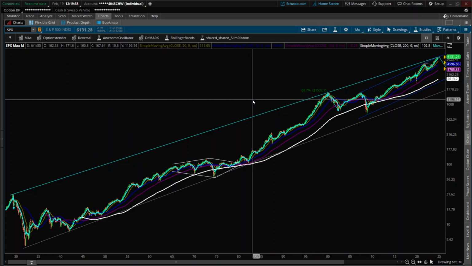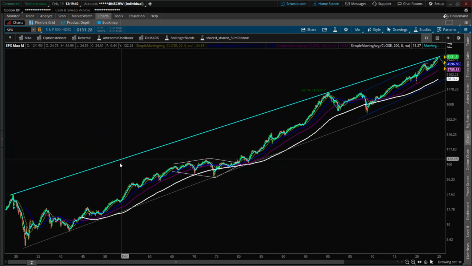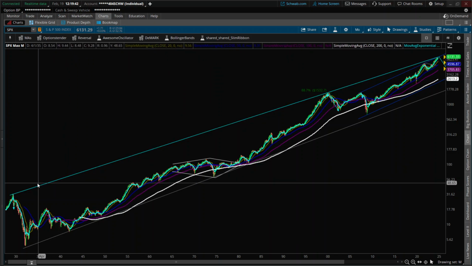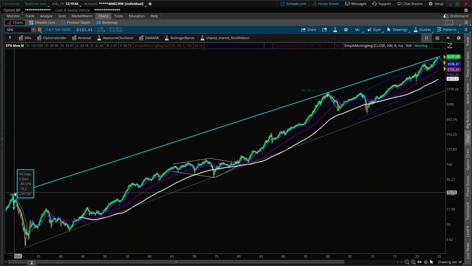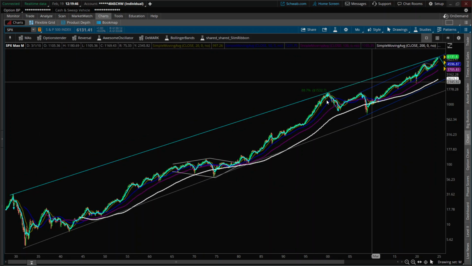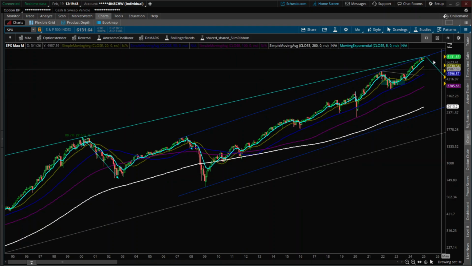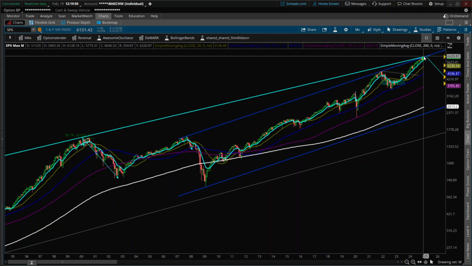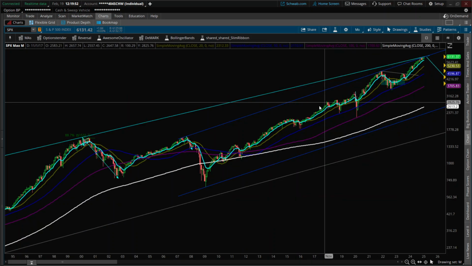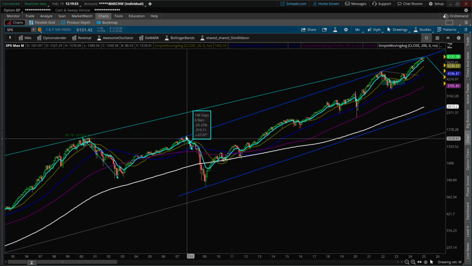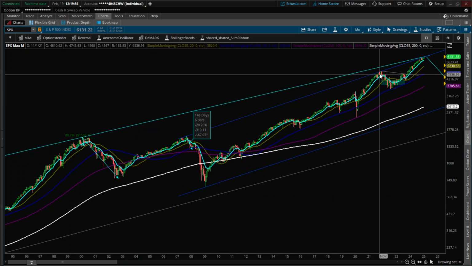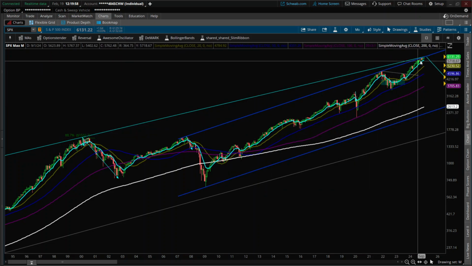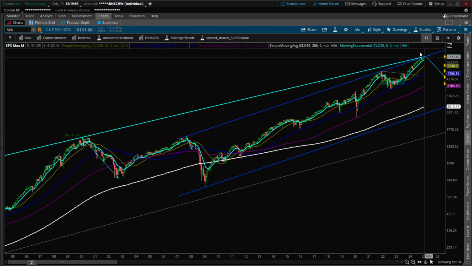Here we go. SPX on the monthly time frame. For those that are new here, we've been eyeing this 1929, 2000, 2008, 2021, all the way to 2025. We're on this trend line right now as we speak. Now this confluence right here.